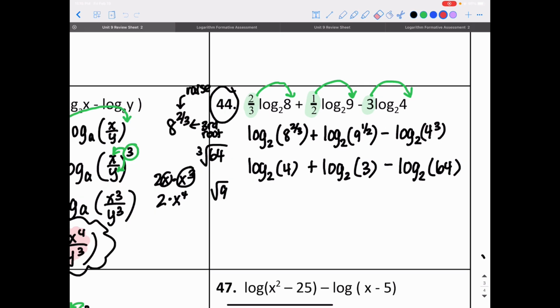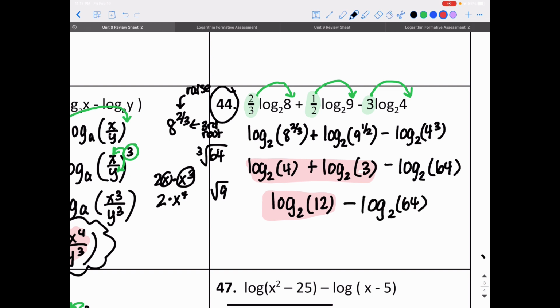The next step, I'm going to start by reading left to right. I'm going to start by combining these two first. There's addition in between, so I can bring them together with multiplication. So I have log base 2 of 12. I took these two to start and combined them to be log base 2 of 12. I'm subtracting log base 2 of 64.